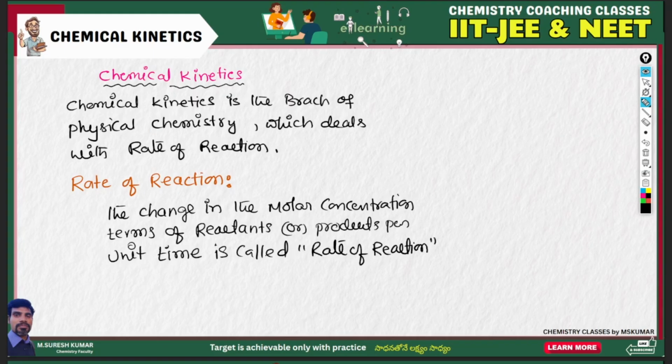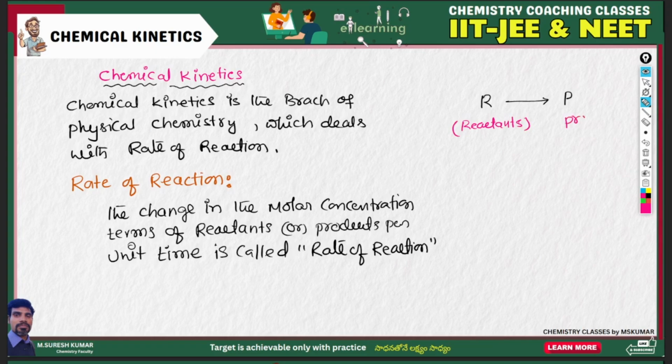You know very well, in any reaction, the initial substance participating in the reaction is called reactants. Suppose a hypothetical reaction, for example, R gives rise to P. Here R means reactants, because the initial substance participating in the reaction is called reactants.